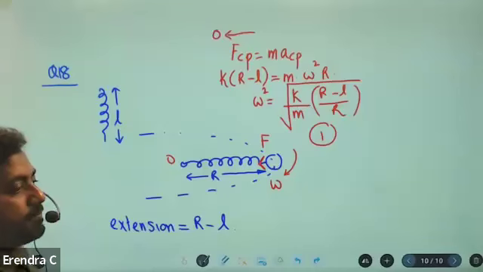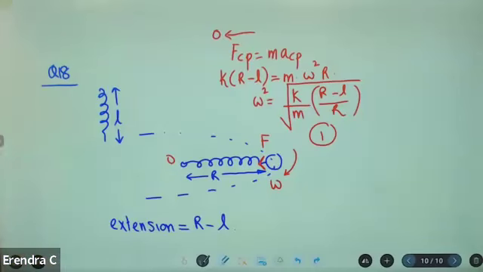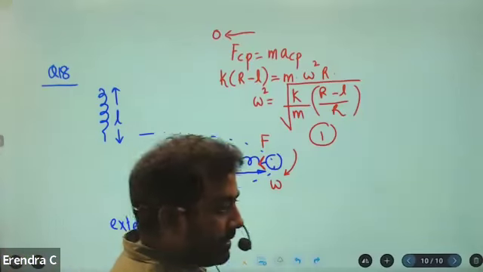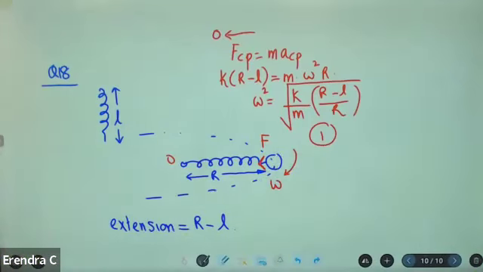Right there. Since the spring will extend, Hooke's law will provide the elastic force.